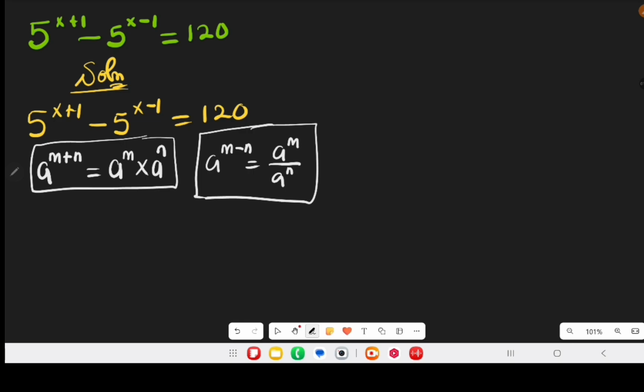If we apply these two laws of indices, we are going to have 5 raised to the power of x times 5 raised to the power of 1 minus 5 raised to the power of x all over 5 raised to the power of 1 equal to 120.